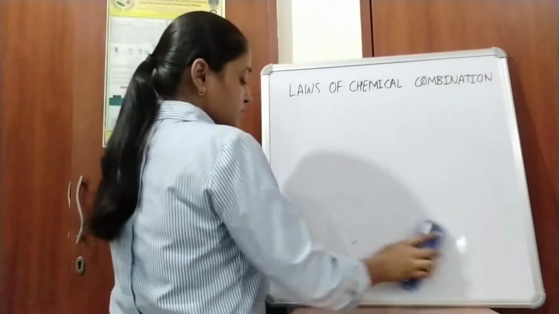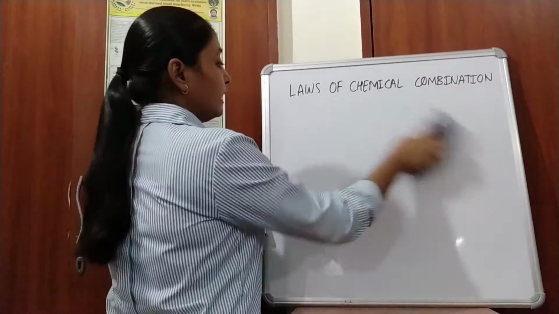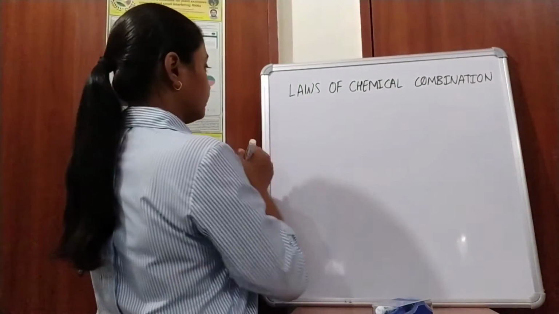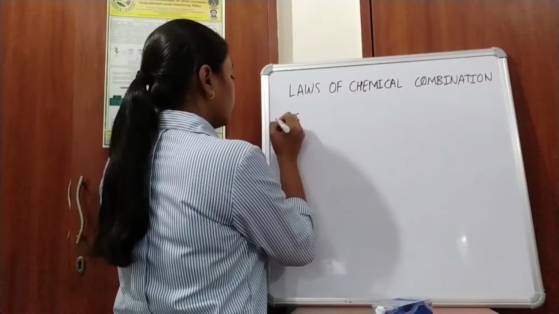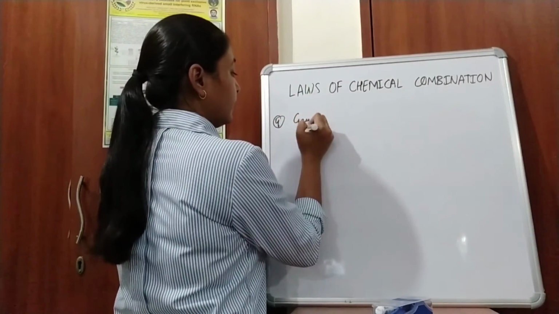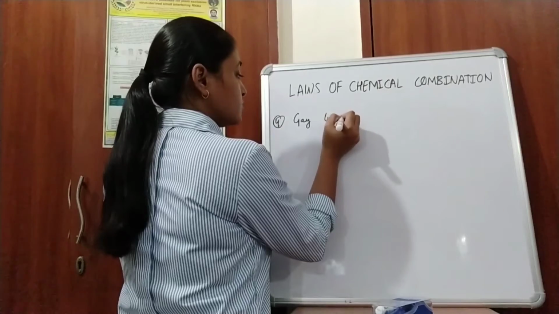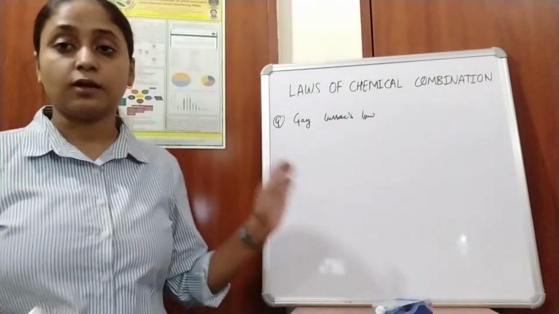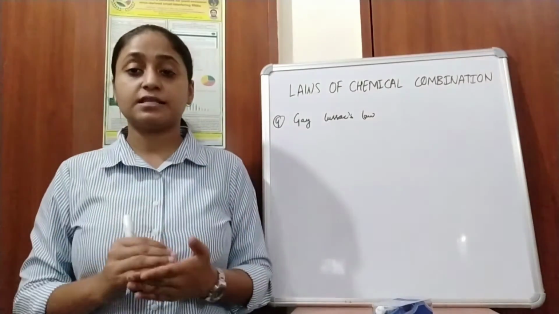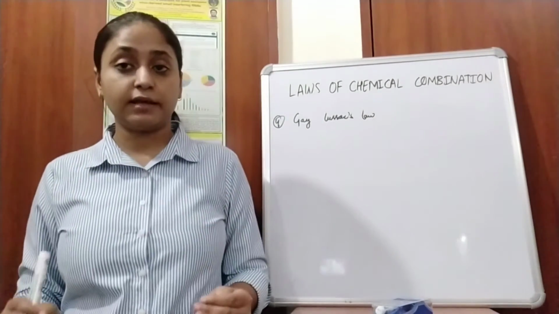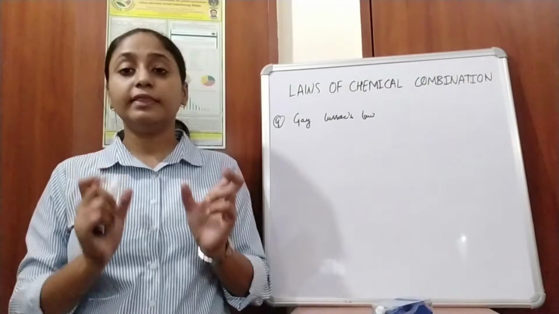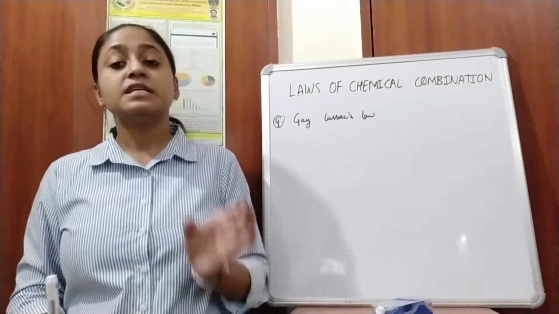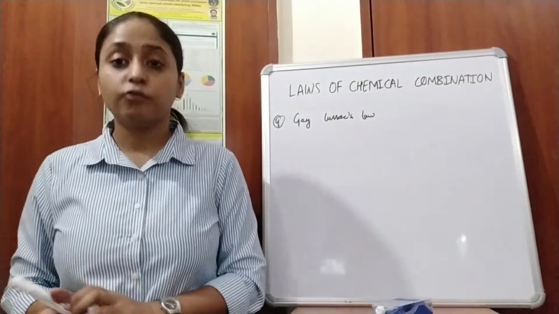So the next law is Gay-Lussac's law. Fourth law is Gay-Lussac's law. So what does Gay-Lussac's law say? That if gases combine or are produced in a given chemical reaction, then they will always be in simple ratio by volume.